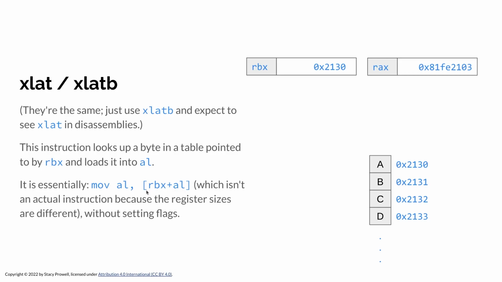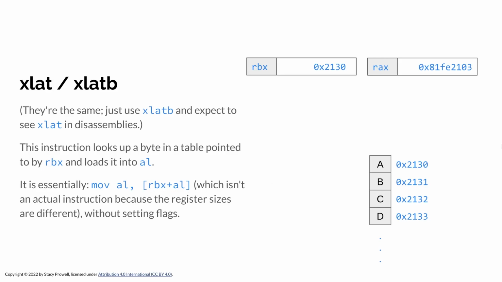I can't write RBX plus AL. The assembler won't let me do that because AL is an 8-bit thing and I'm only allowed to use 64-bit things in addresses. So I'd have to zero extend AL or use RAX in this position. I have to be sure that RAX had the right stuff in it. I could have done that with the previous one, but you see what's going on here.